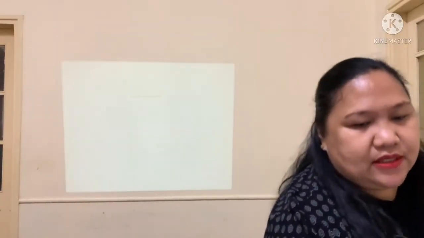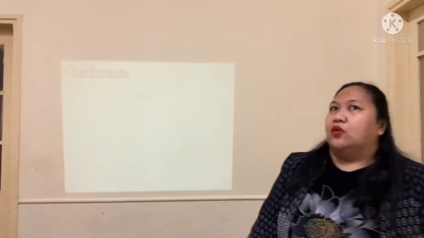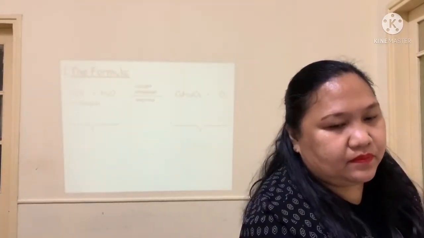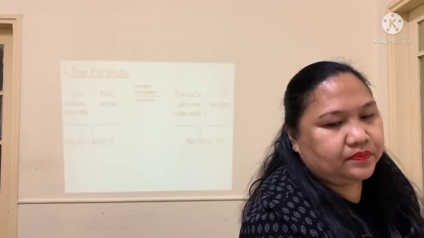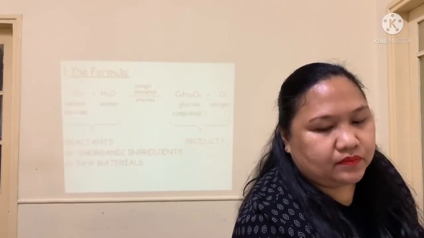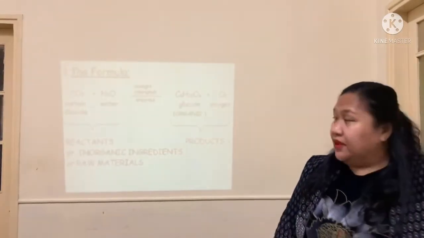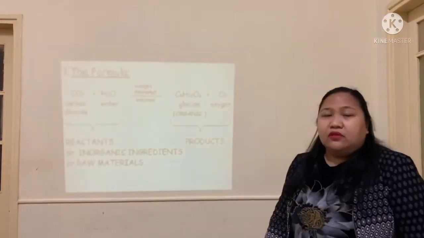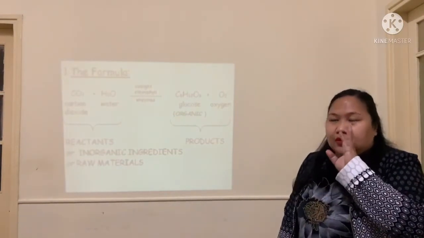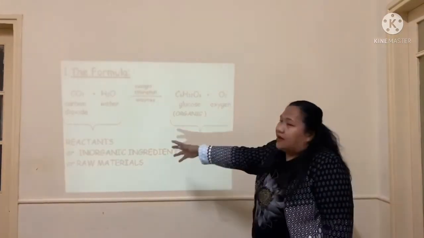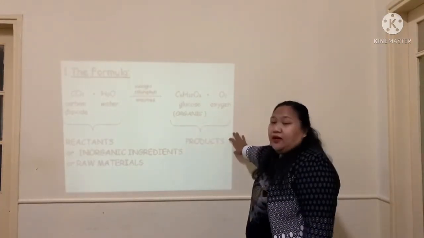Next, I made mention a while ago that there are raw materials, or the formula. If you're going to write the formula for the process of photosynthesis, we have here the reactants and the products.